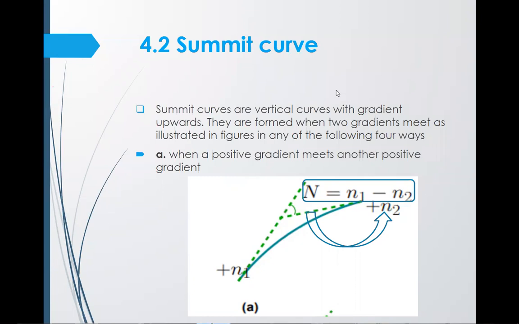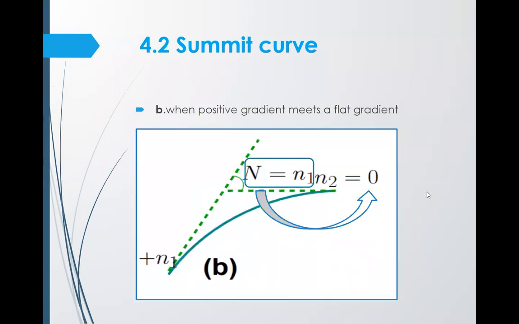But the angle of deviation is formed by the tangents which are drawn. See here, at N1 there is one tangent for the first curve, and at N2 there is a second tangent. The angle of deviation is formed by the tangents. Write down the second case when the positive gradient meets a flat gradient.